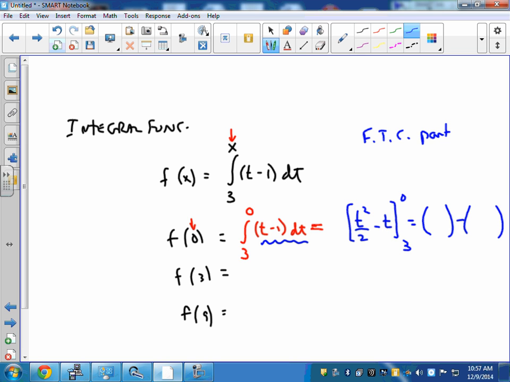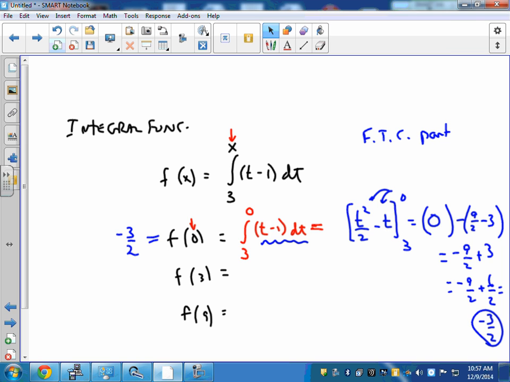So putting 0 in place of t, we get 0. And putting 3 in place of t, we get 9 halves minus 3. So the final value would be minus 9 halves plus 3, or minus 9 halves plus 6 halves, which is minus 3 halves. Okay, so f of 0 is minus 3 halves.